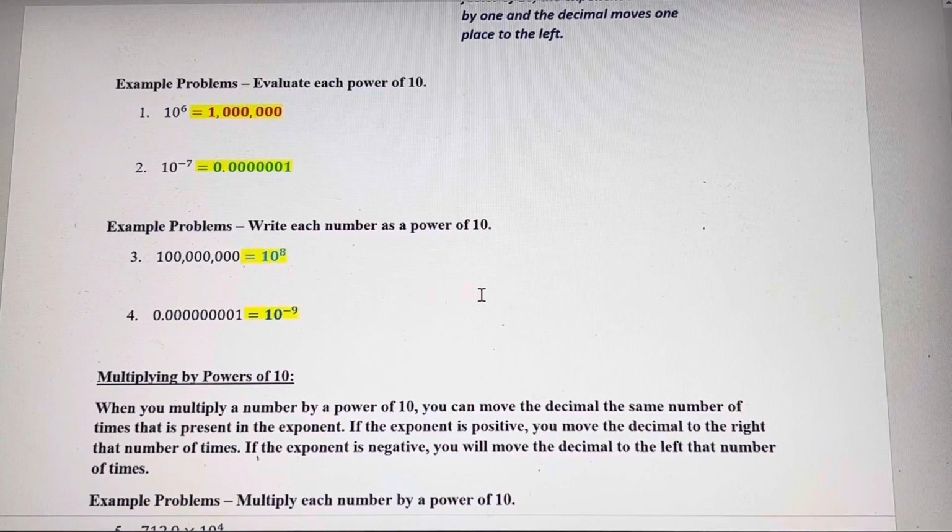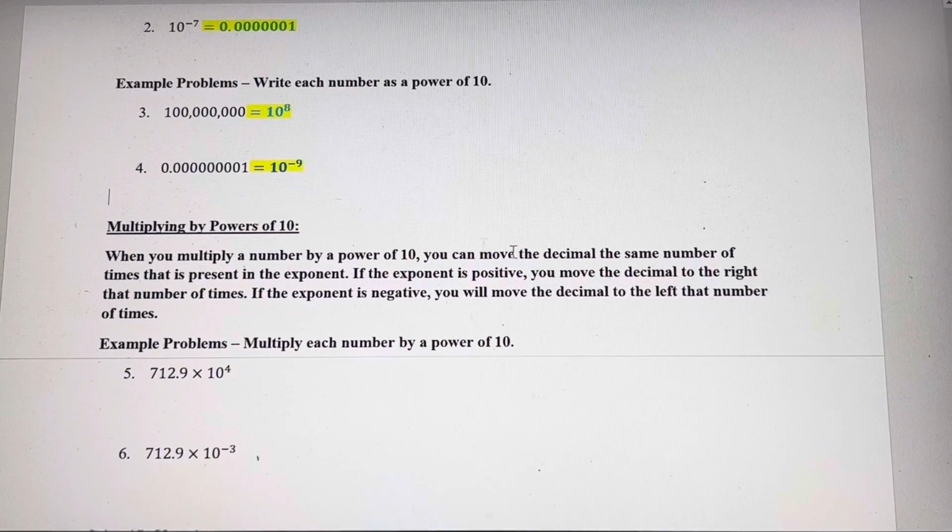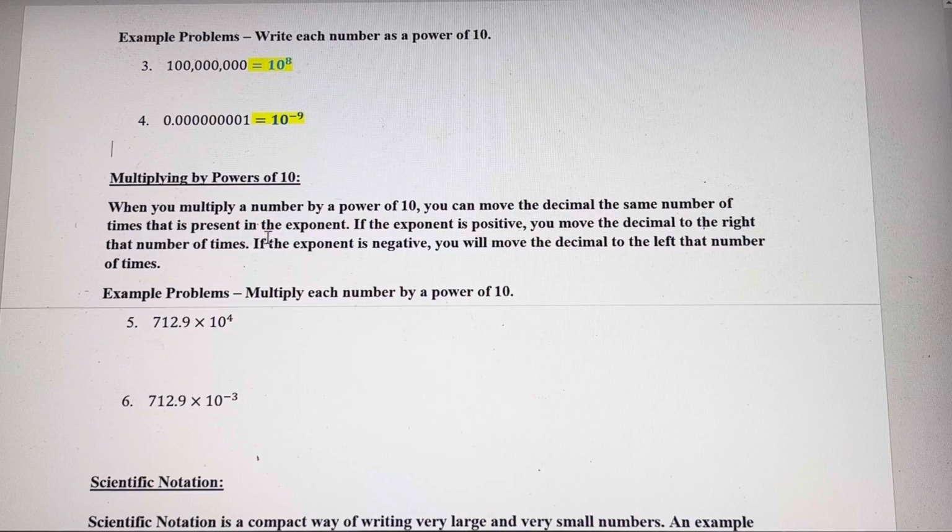One last thing here, multiplying by powers of 10. We're going to use this concept as we get into scientific notation, which you can see down here at the bottom of the screen is what comes next. As we multiply by a power of 10, we're going to use those rules we just talked about with the decimals, and we're going to move the decimal either to the left or to the right based on whether the exponent is positive or negative.